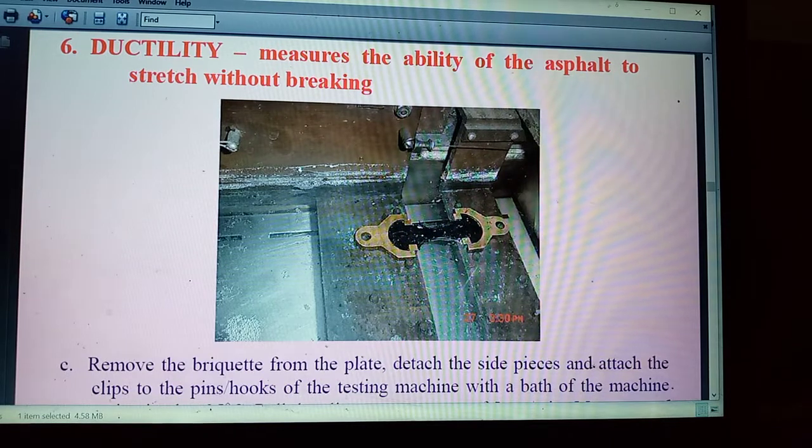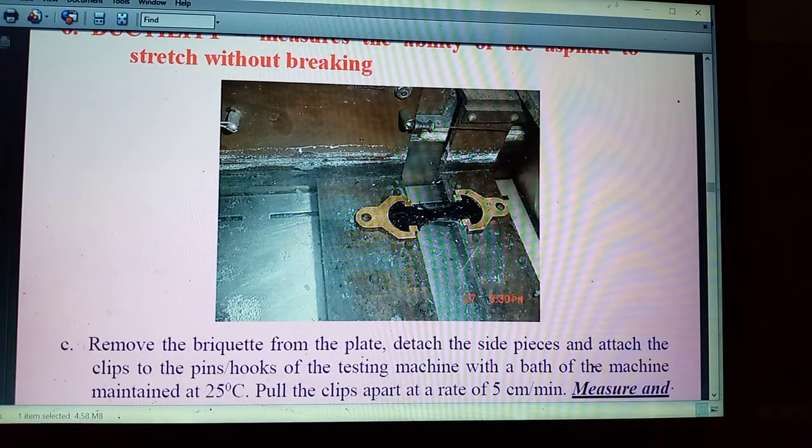So, pag ni-remove mo yung briquet, part yan ng ductility machine mo. Then, may pins at hooks of the testing machine with a bath of maintain at 25 degrees.